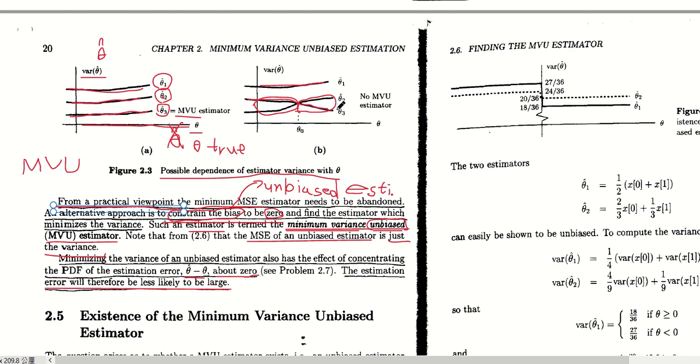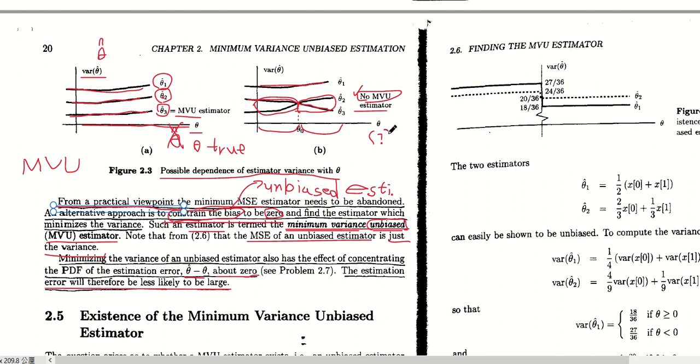As a result, we will not be able to say any one estimator is uniformly better than the others. We will not be able to say that. As a result, we will say that there's no MVU estimator, because some are better than others in some region, for example this region, and some are better than the others in another region.